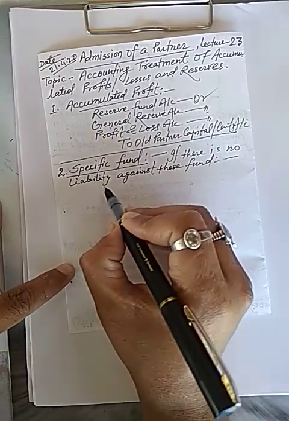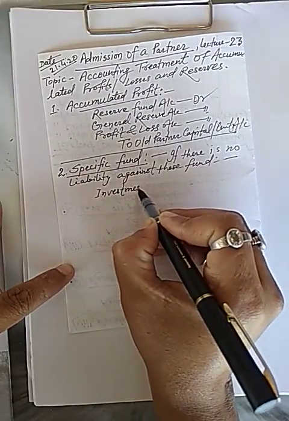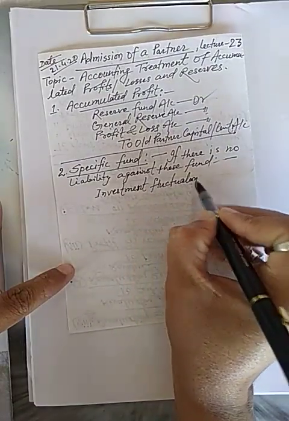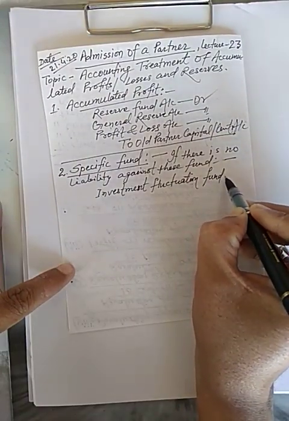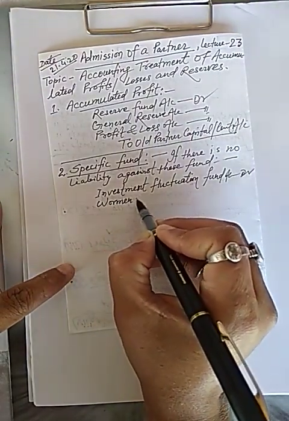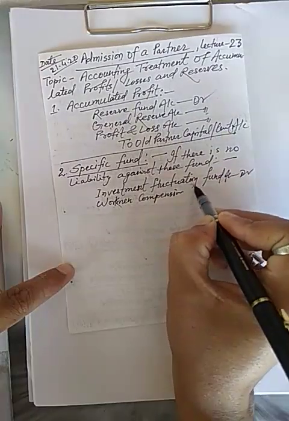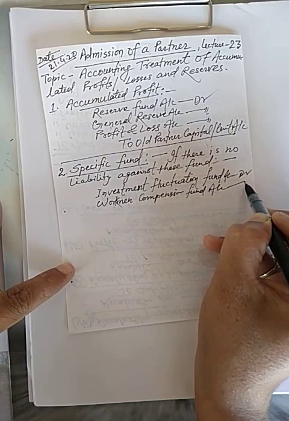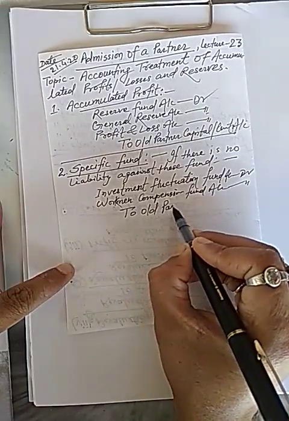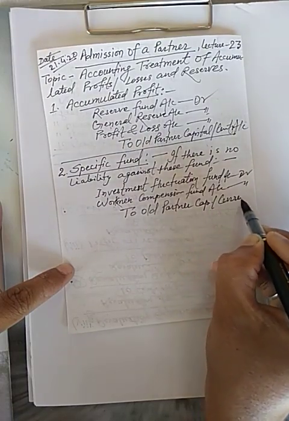The journal entry will be: Investment fluctuation fund account DR, workmen compensation fund account DR, to old partners' capital or current account.